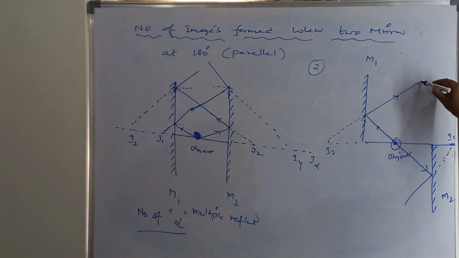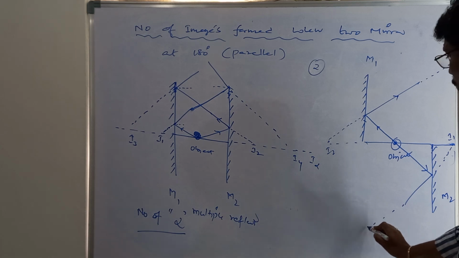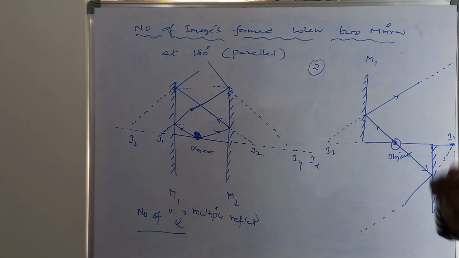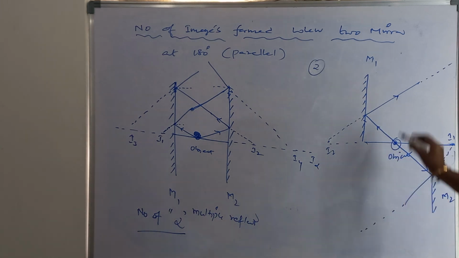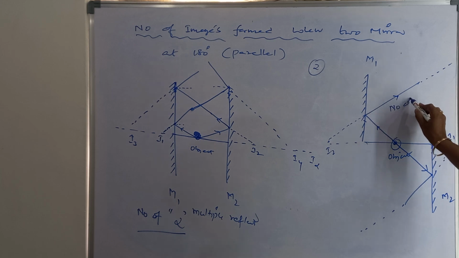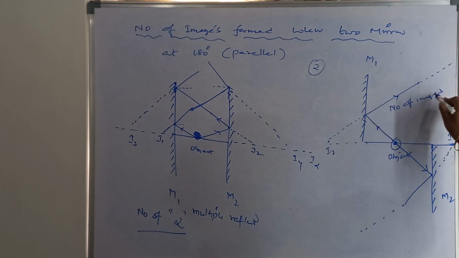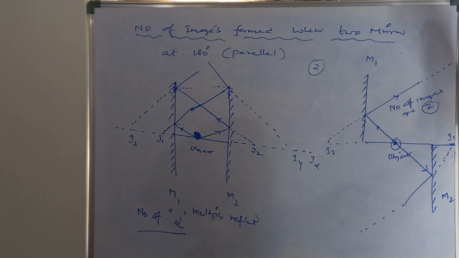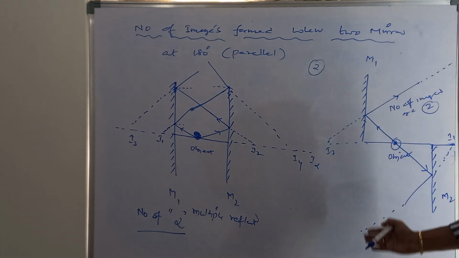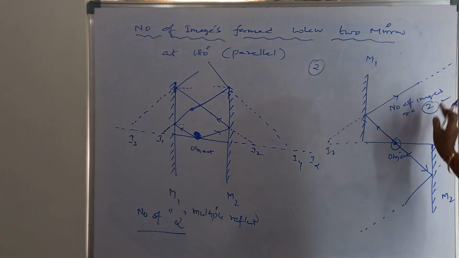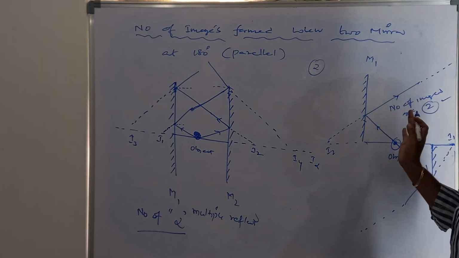Next this will move on, no mirror is there. Here also no mirror is there. So how many images? Yes, good. The number of images is 2, because here there is no mirror, so it moves an infinite distance. This also moves an infinite distance. So in this case, the number of images is 2.